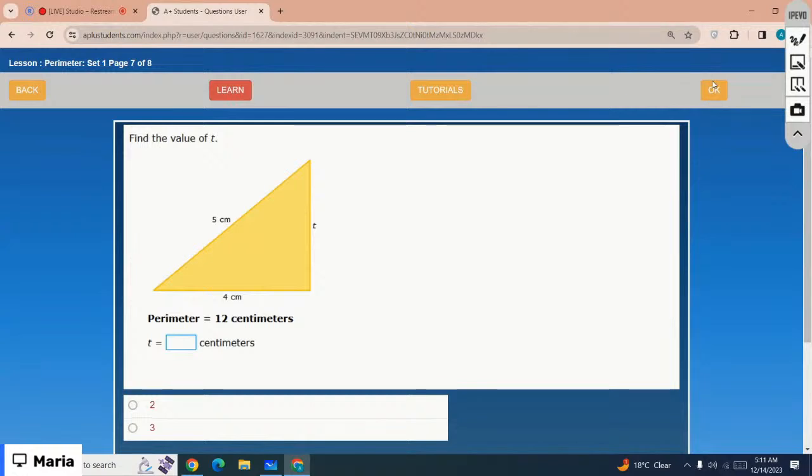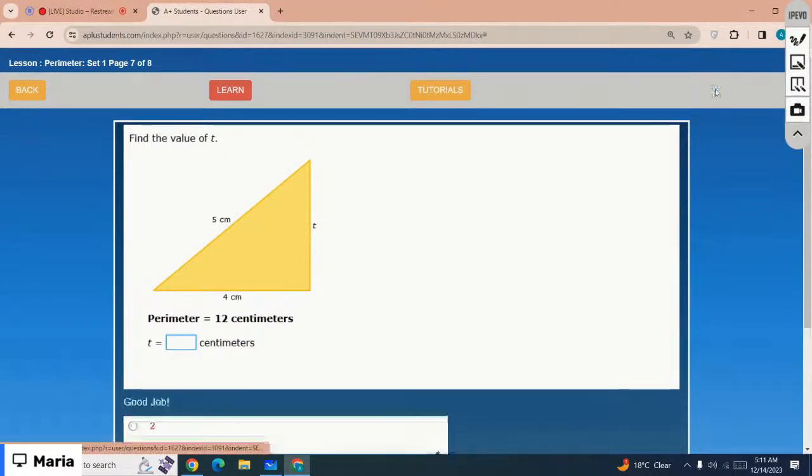The correct option is, yes, that is 3 centimeter. The correct option, 3 centimeter.